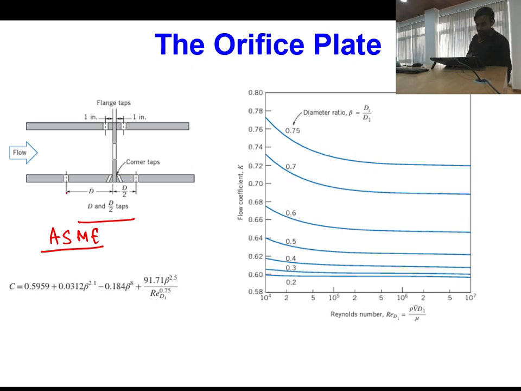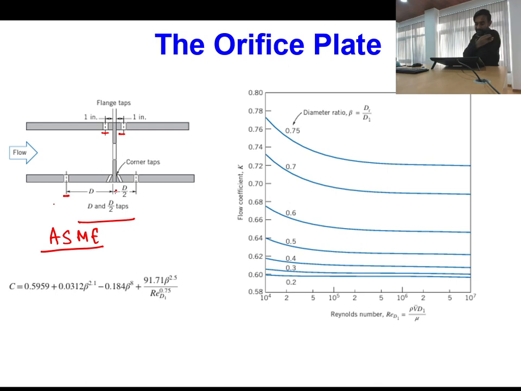Either you can place one pressure tapping at D diameter upstream of the orifice plate and another at D by 2 downstream. Second, within the flange of the orifice plate itself you can place two pressure taps at a distance of 1 inch from the orifice plate. And there can be corner pressure tappings for measurement of the pressure. Okay, so any of the three arrangements you can utilize when you are using orifice type flow meters.